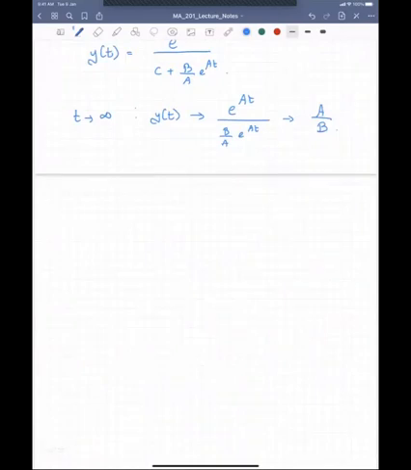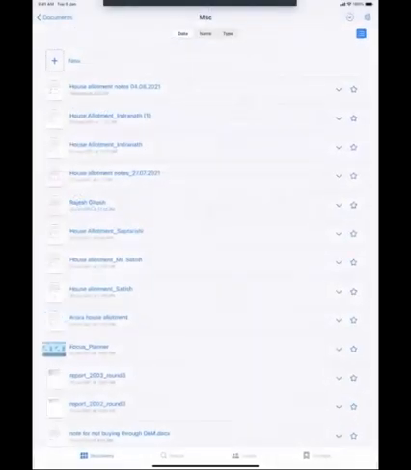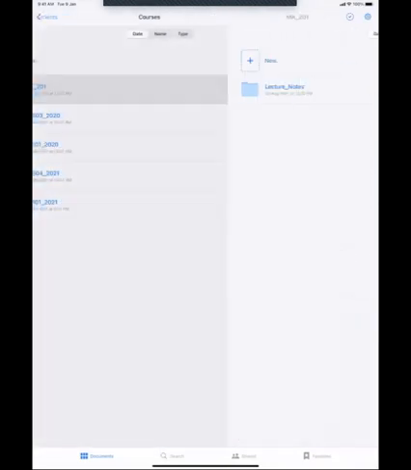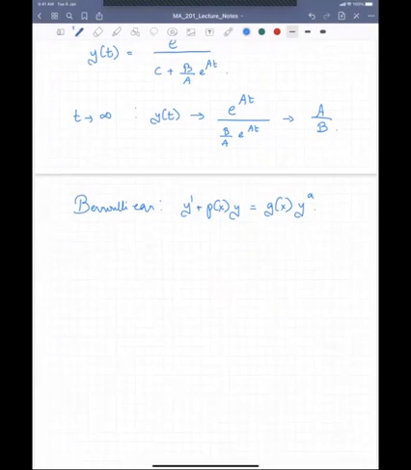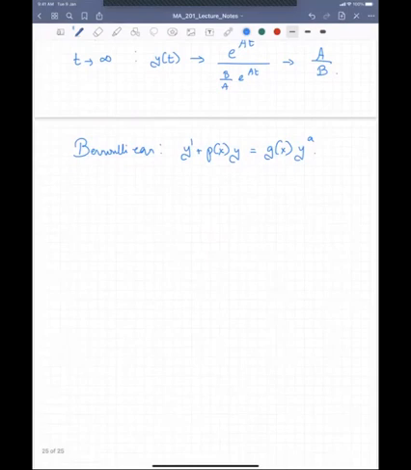So there is a class of equations, and this goes by the name of Bernoulli equation, which can be written in the form y prime plus p of x times y equals g of x times y to the a.